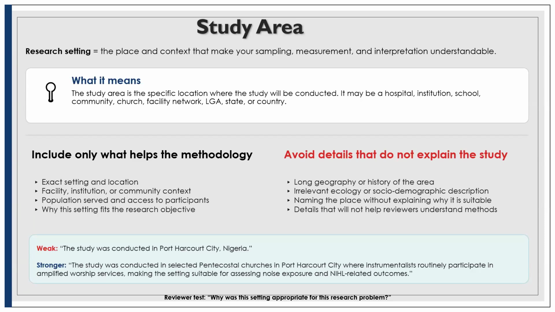So the study area is not Rivers State. If you're collecting the data from Eneka community, then your study area or study setting is that community. It is where you are collecting that data from.